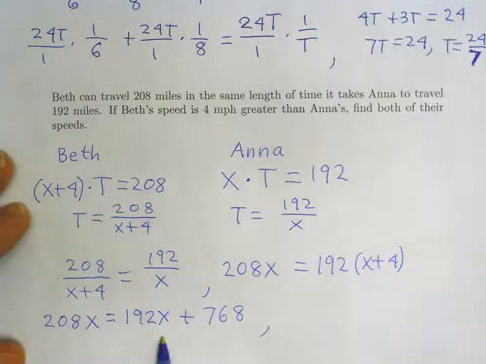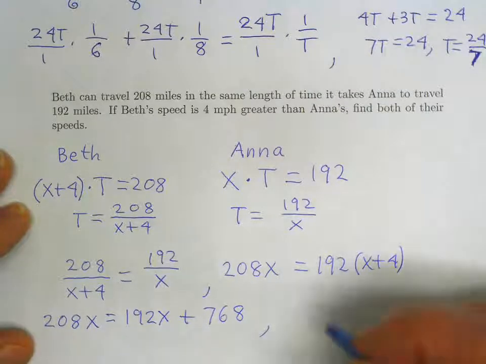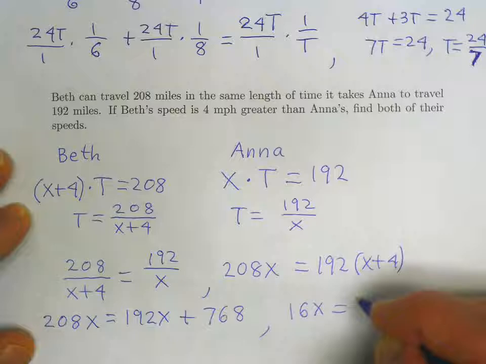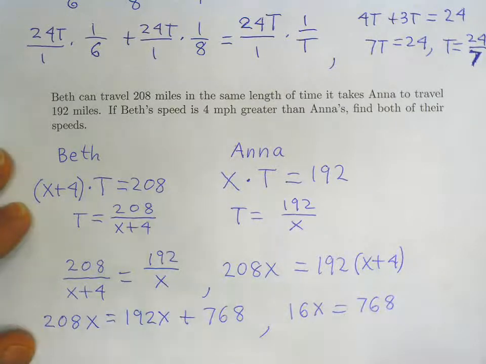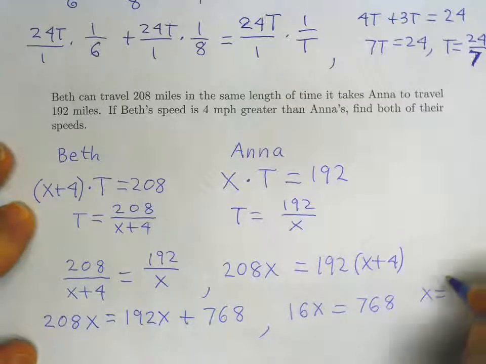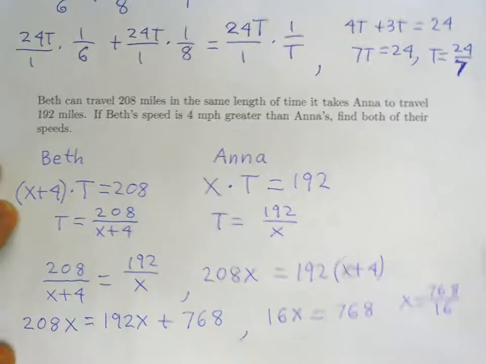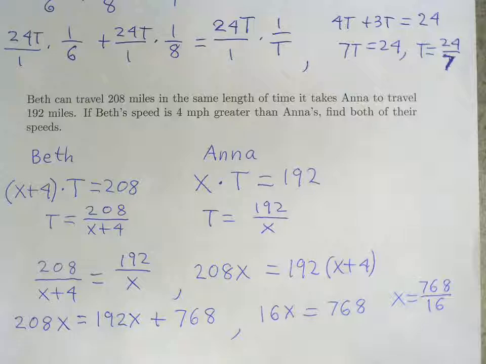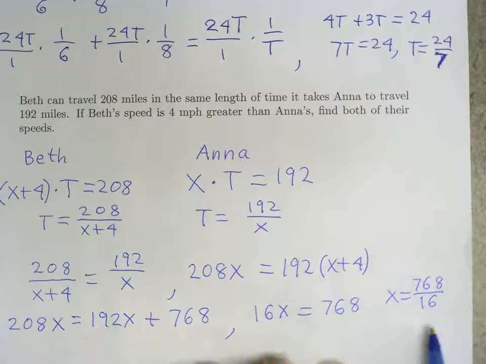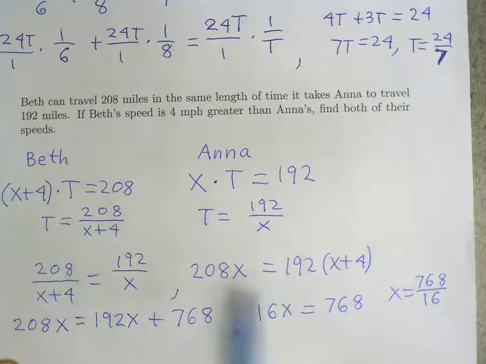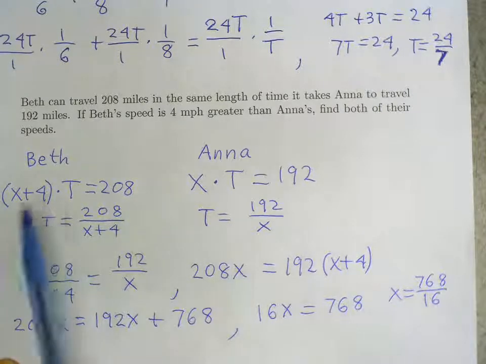Then subtract 192x from both sides, and we get 16x equals 768. And so Anna's speed is 768 divided by 16. Okay, we have less than a minute, so you can use a high-powered calculator to find that. And then that will be Anna's speed. And then Beth's speed is just this number plus 4.